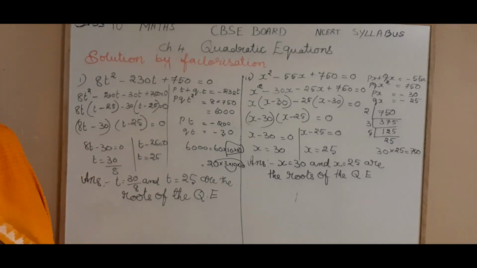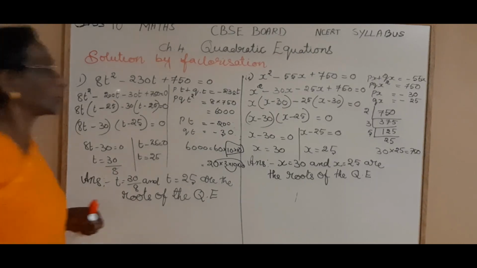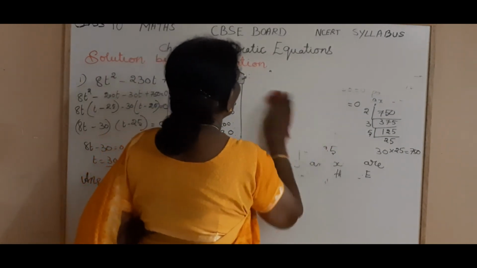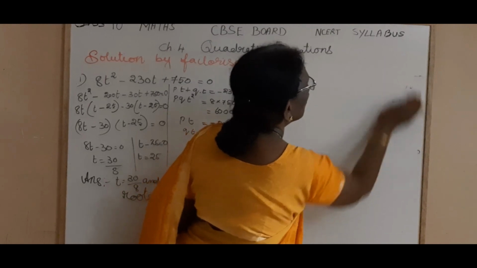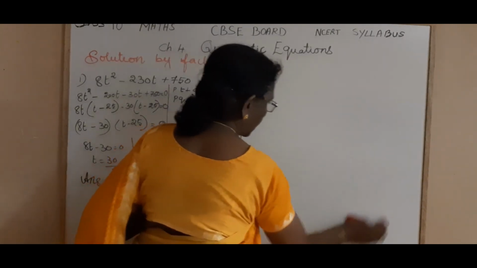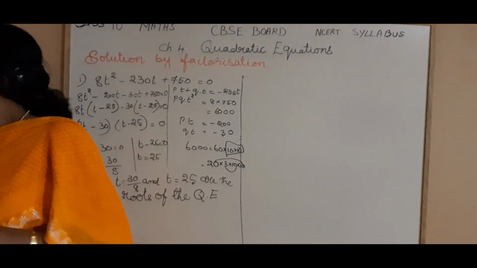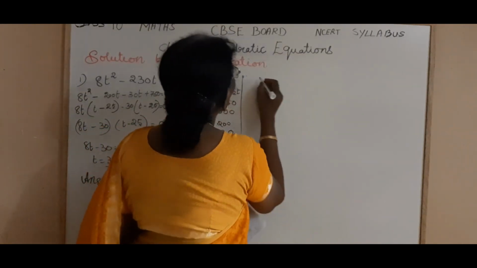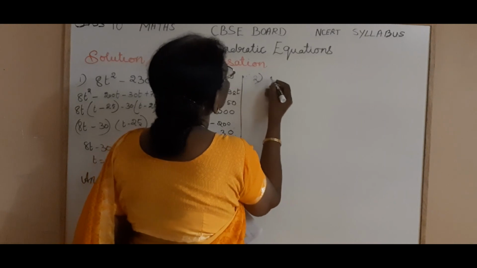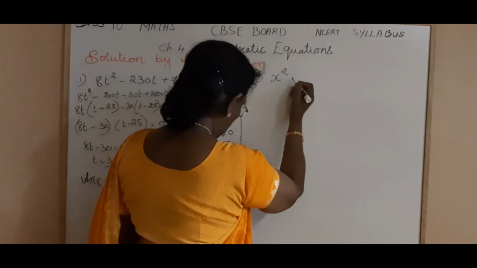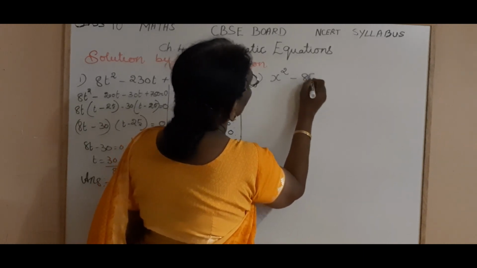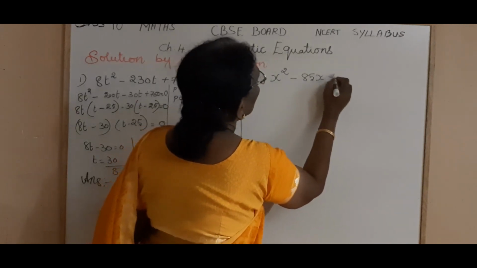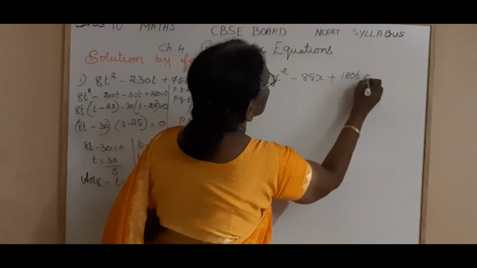Now we will do one more sum. x square minus 85x plus 1806 is equal to 0.